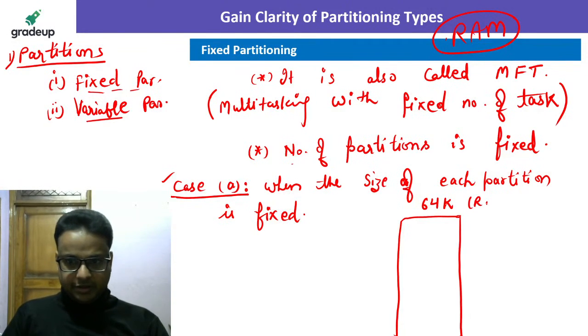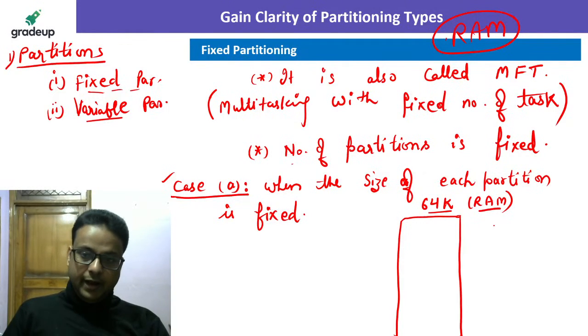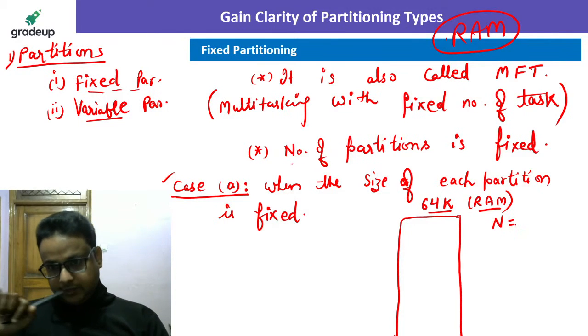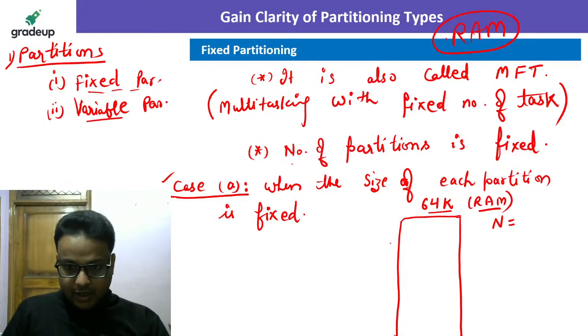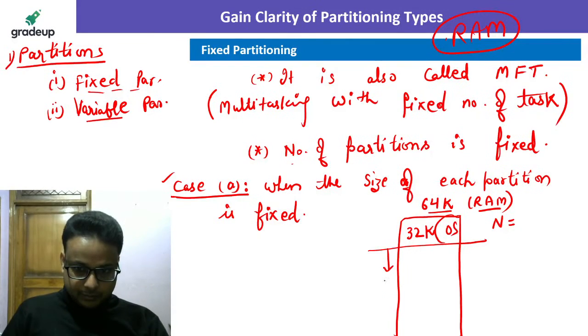Memory means RAM. Suppose 32K has been allotted to the operating system, so the remaining will be 32K.